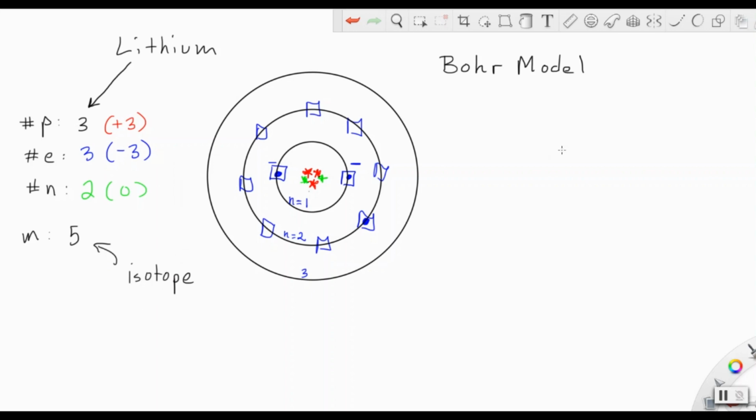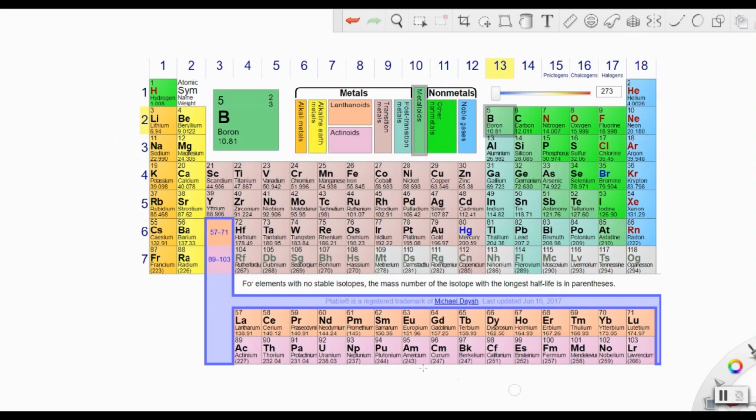Okay, so now we know how to build our periodic table. Let's take a look at the periodic table. Our periodic table here is constructed in much the same way that we just looked at in our atom. Look here at the first row. Here we have hydrogen and helium, and that represents the fact that there are two seats. Here's the first seat, and here's the second seat on our bottom shelf, right?